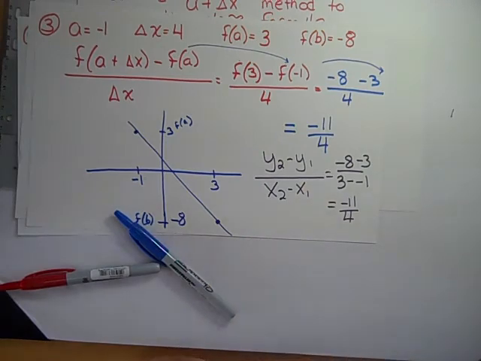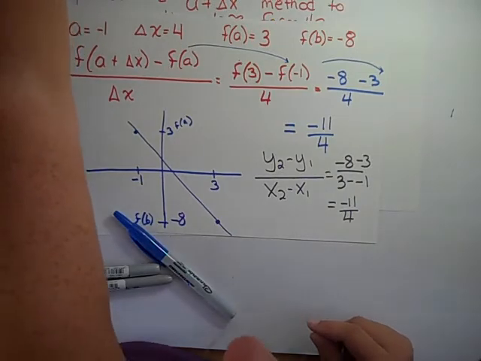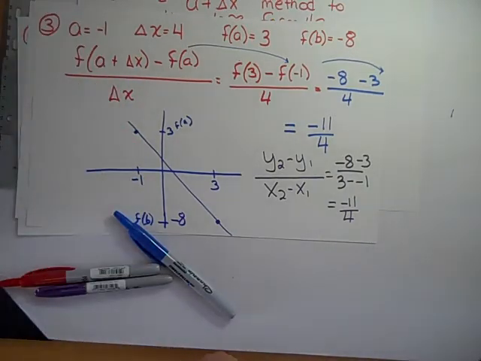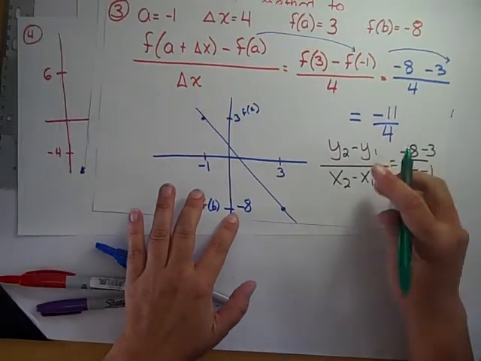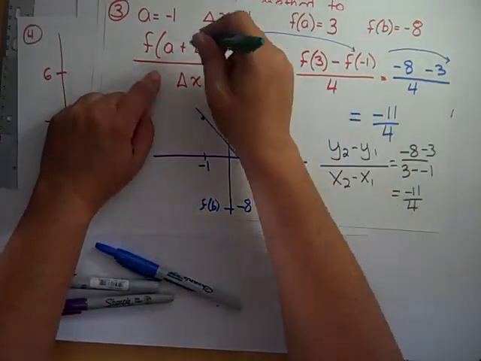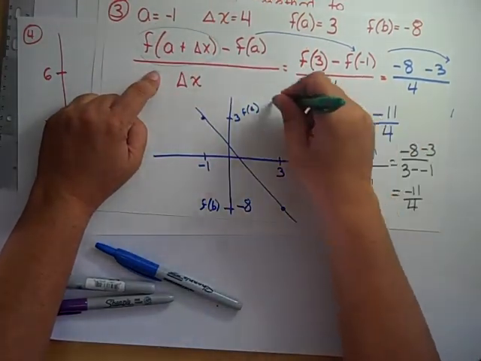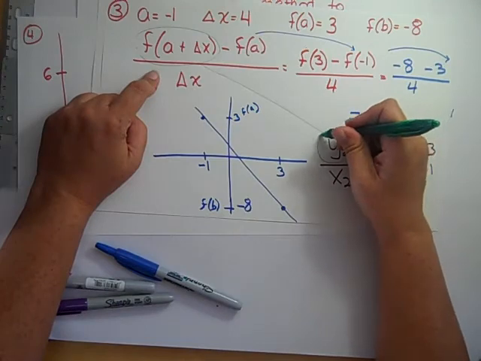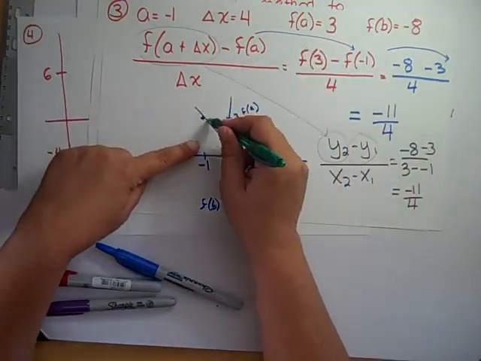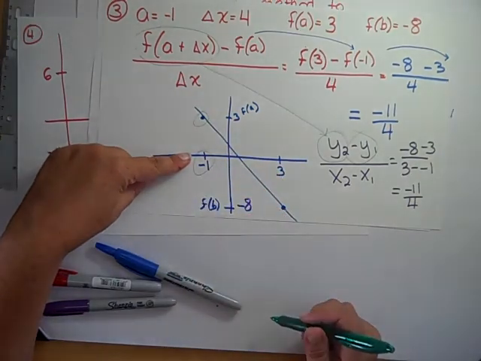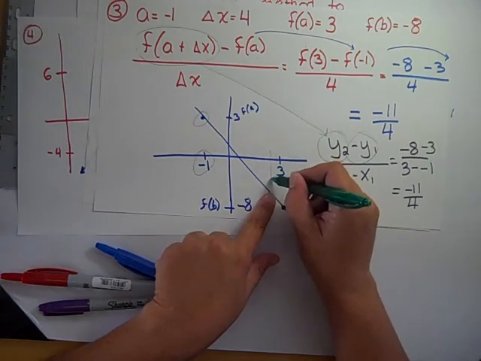And the y2 minus y1 corresponds exactly to things in our equation. y2, the second y value, corresponds to f of a plus delta x. It's exactly the same. y1, that's just f of a, right? x2, that's easy, that's the second x value.